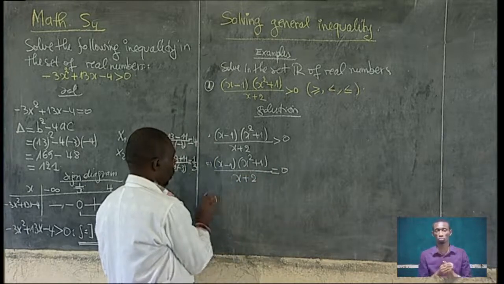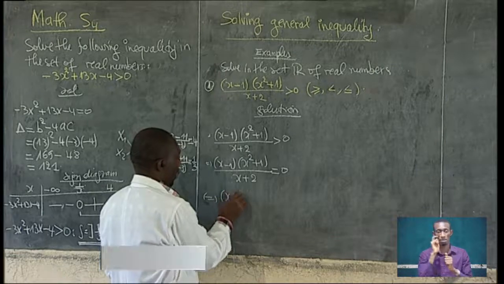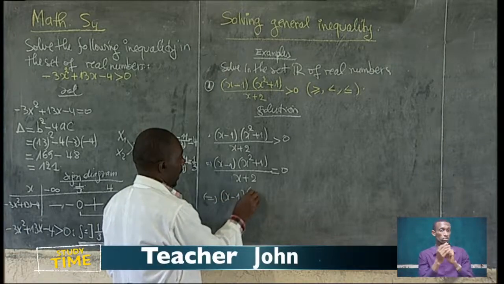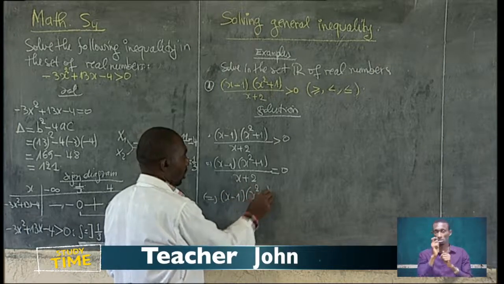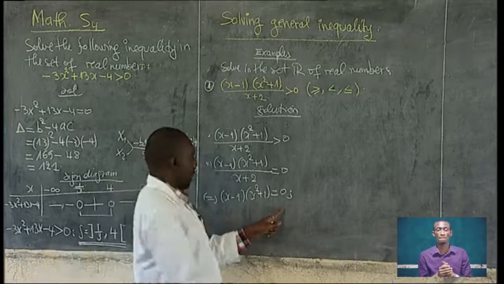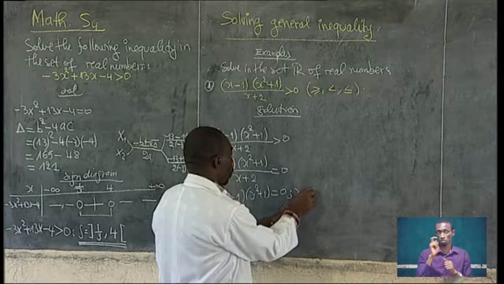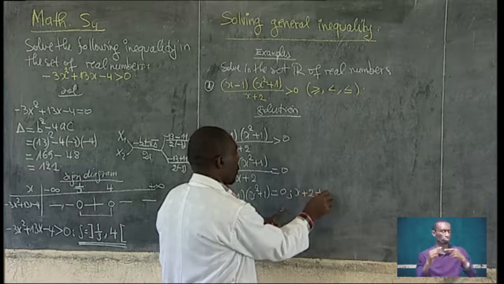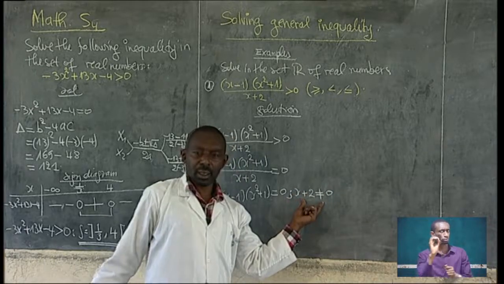This is equal to (x minus 1) times (x squared plus 1) equals 0, provided that x plus 2 is different from 0, because this is the denominator.